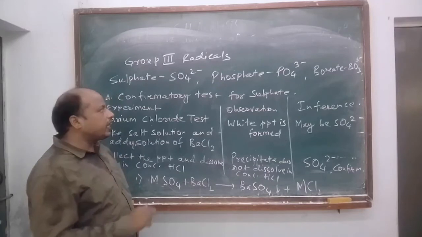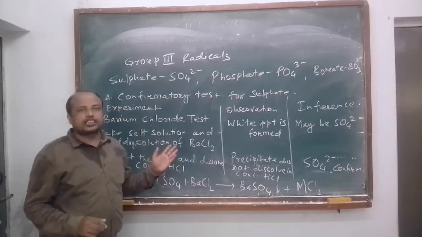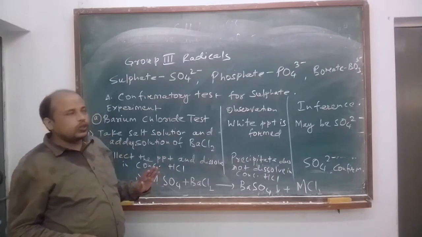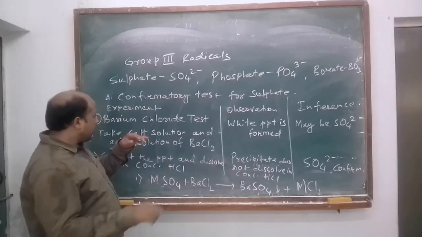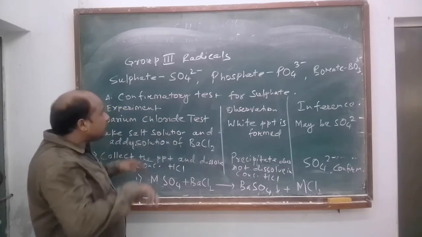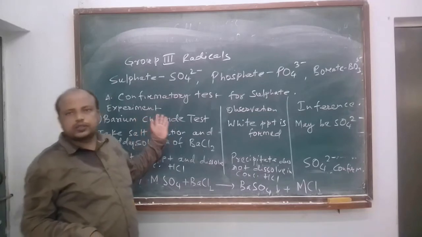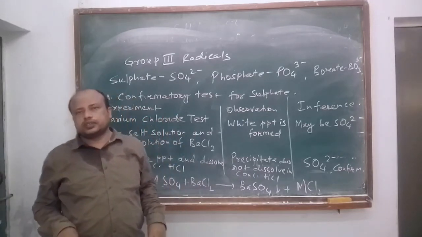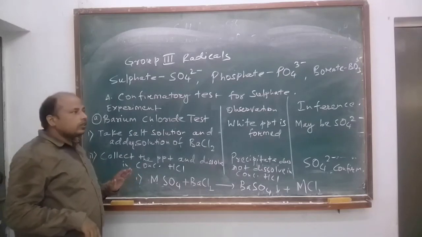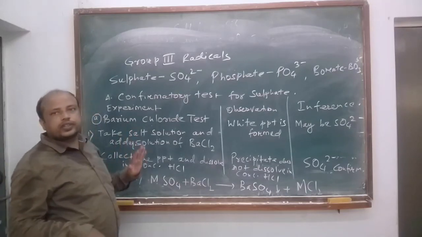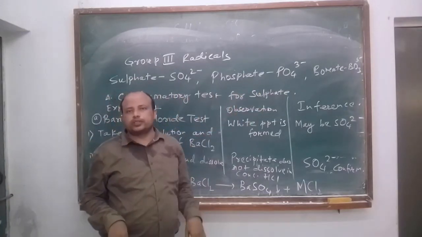Then, if it reacts, the acid radicals are classified as group 2 radicals. And if the acid radical given doesn't react with either dilute or concentrated acid, then it is called an independent group, and it constitutes sulfate, phosphate and chloride.